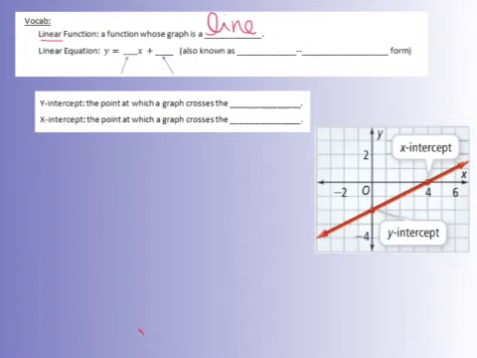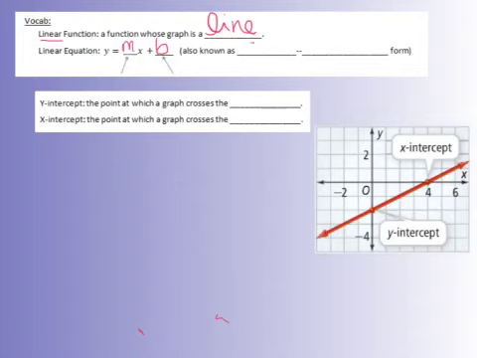So linear equations can be written in the form y equals mx plus b. I'm going to erase my m, it's kind of taken over the x. Here we go. M. There you go.